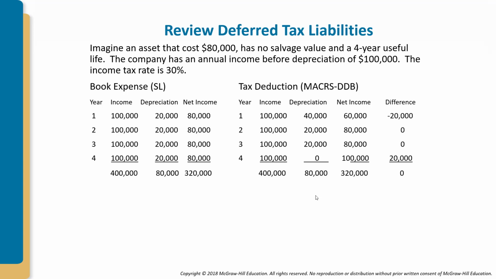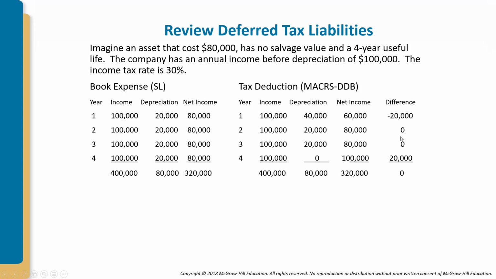Because the idea is that if in year one we have $80,000 of net income from a book expense, but we're only having $60,000 in tax, and this is what we're actually paying, right? This is the amount of tax that we'd actually pay to the IRS.